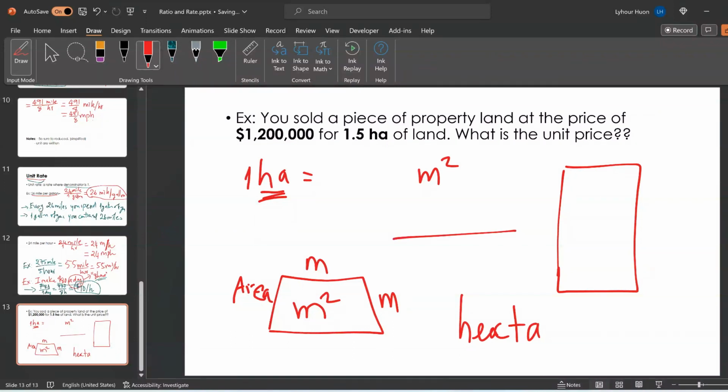Capacity is volume, meaning the water inside the bottle is a volume, but the area is the length and the width. So this surface is the area. The piece of land is measured as the areas.